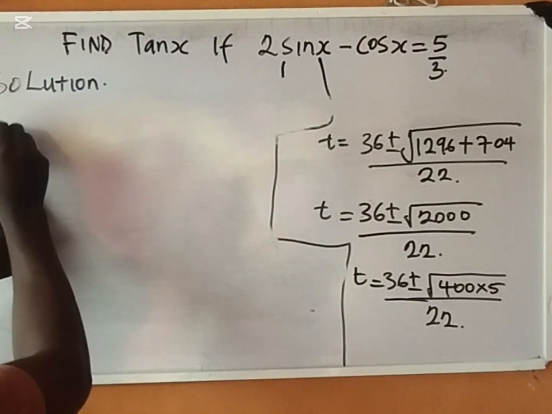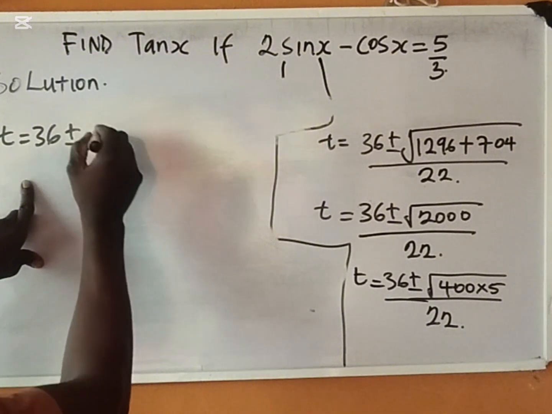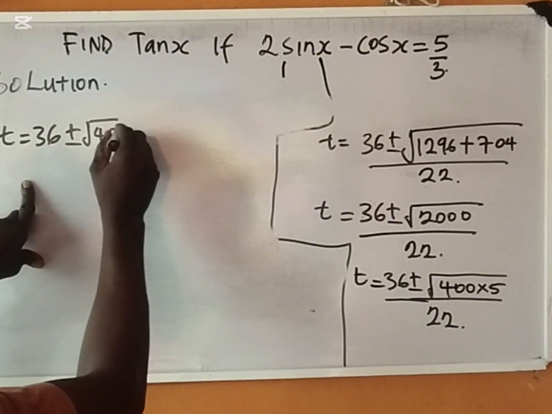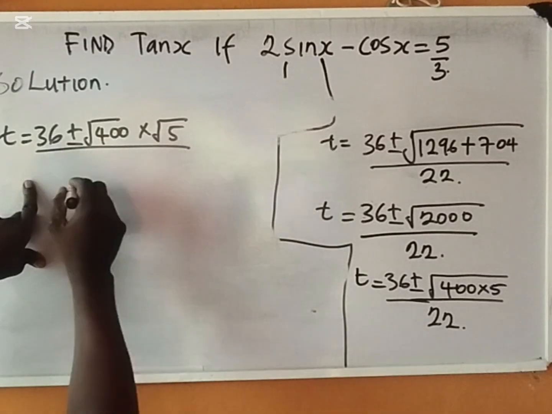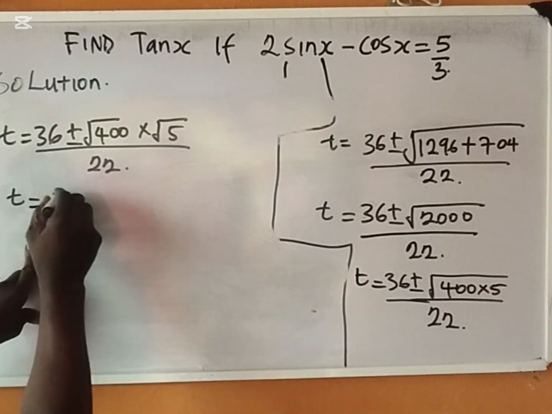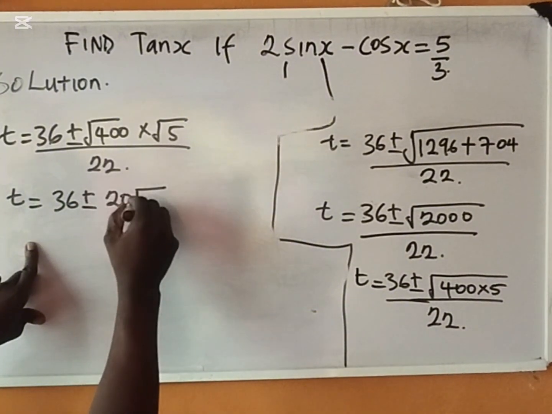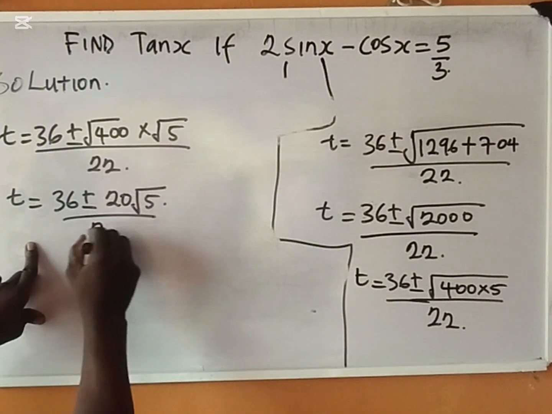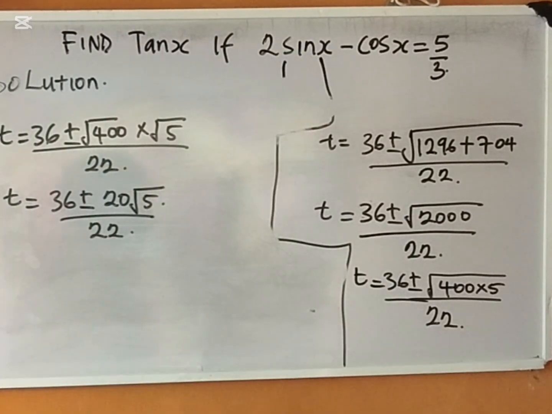So from here we'll have t to be equal to 36 plus or minus root of 400 times root 5 divided by 22. t will be equal to 36 plus or minus 20 root 5 divided by 22. So this is the value of t.